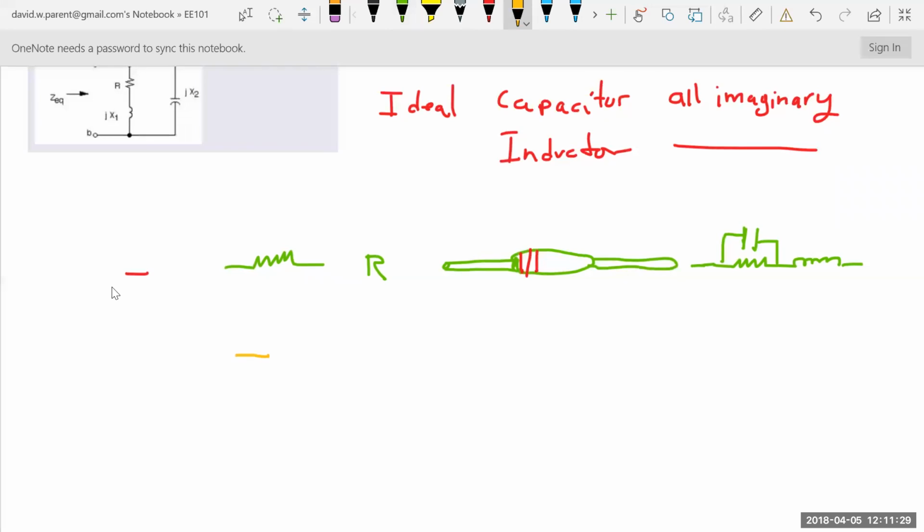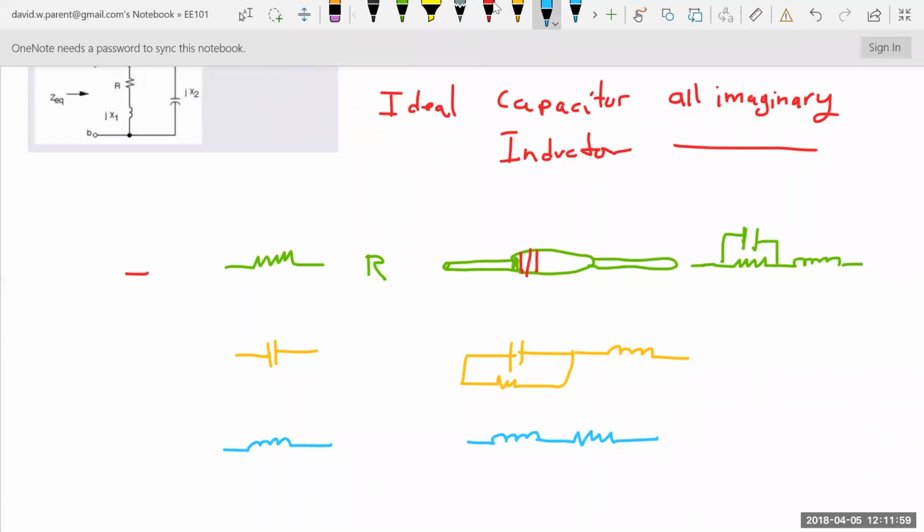An ideal capacitor, right, also has the capacitor, but there's some leakage past the capacitor and the leads have inductance. And of course, an inductor isn't just an ideal inductor, it has a resistance.